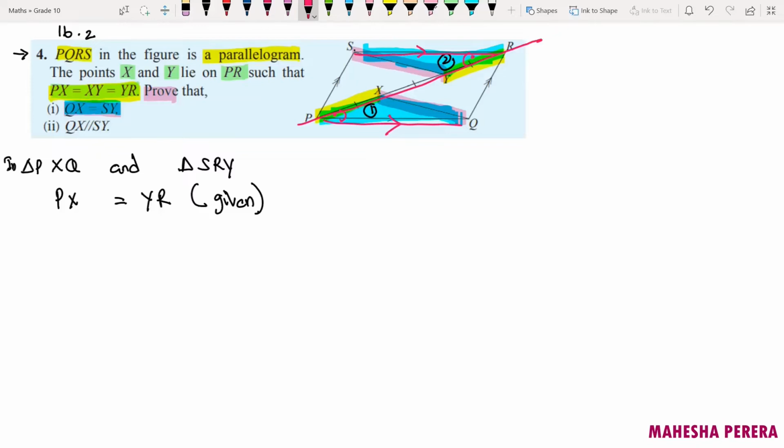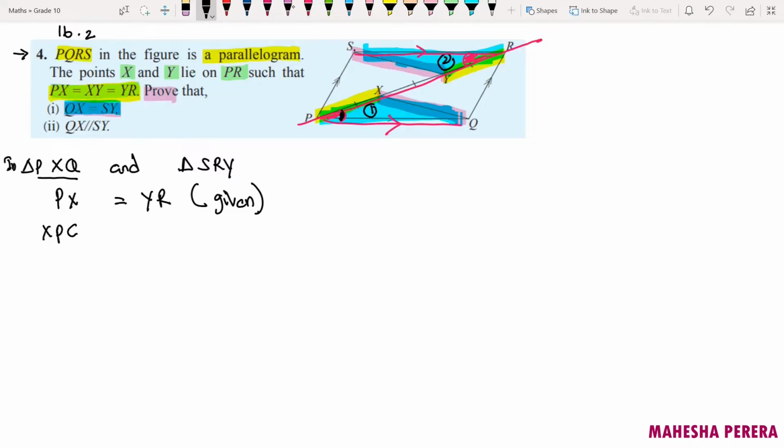Right. Then these angles are equal. Let's write this. I start with angle PXQ, so I write its elements first. That means this angle. So this angle we can name it how? You can say XPQ, right?